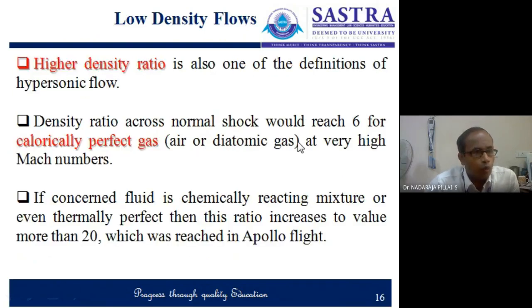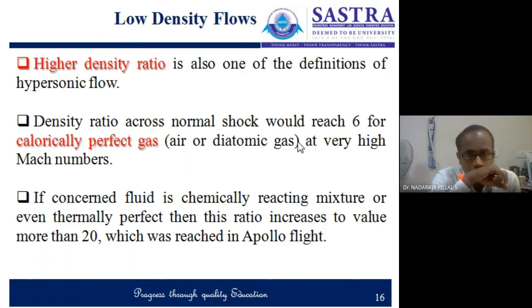So now comes a problem again: low density flows and high density ratios. We know that we have a normal shock, right? Say at the nose, if you have a blunt body, to a certain extent we can consider that as a normal shock.